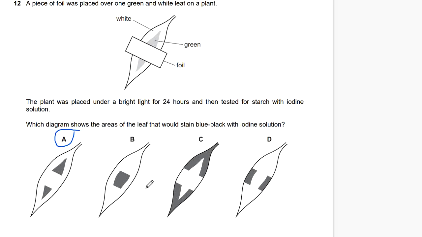For letter B, it will not happen this way because the part that is covered did not produce any food. The white part will not be darkened because it does not have a green pigment. And so also for this. So the correct answer is letter A.